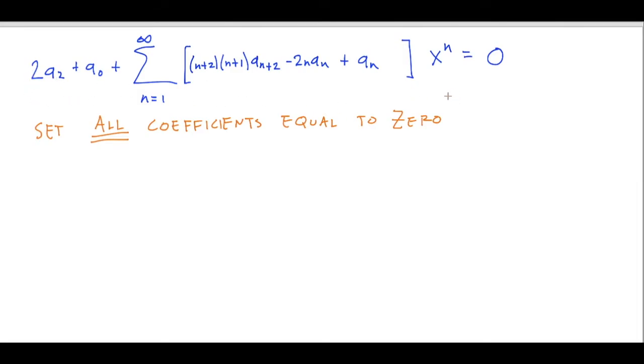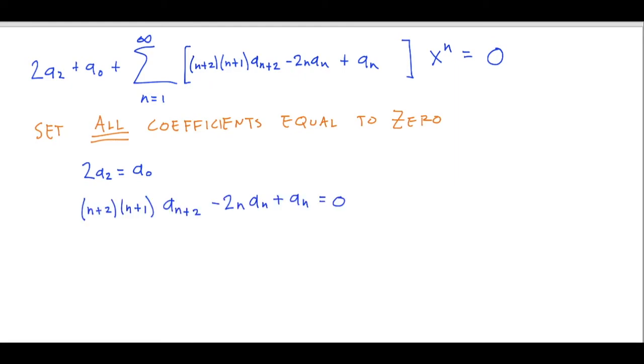Well, what are the coefficients? Clearly I've got these 2 terms out front, and those have to be set equal to 0. But in addition, and more importantly, this entire coefficient expression. Remember that there are infinitely many terms in the polynomial, but every coefficient in that polynomial has this same structure. So I need to set this coefficient equal to 0.